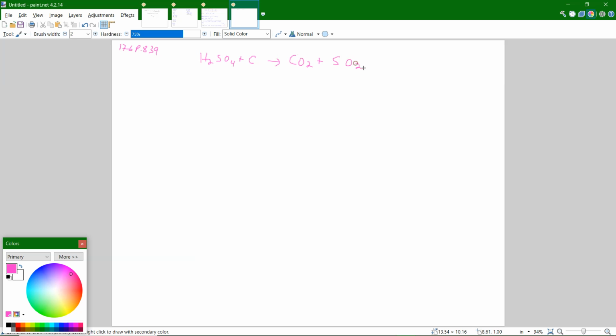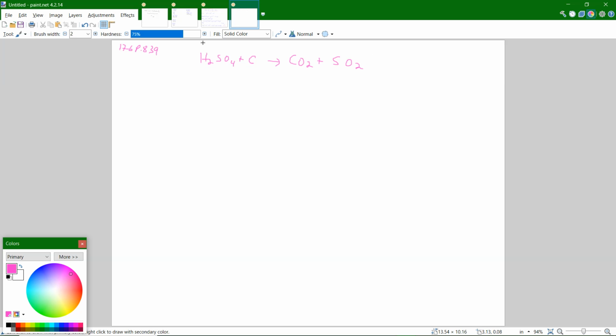So that is not balanced. How do I know it's not balanced? Because I have no hydrogens on the other side. You can't just put in H2 on this side because you aren't creating hydrogen gas on the right hand side.